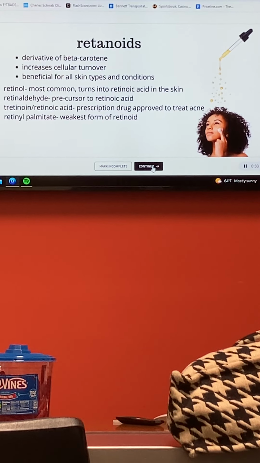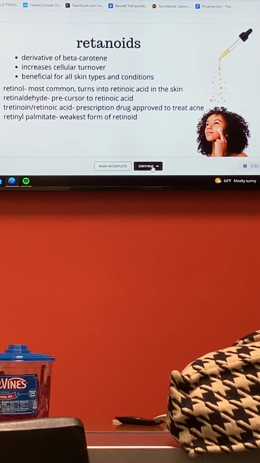So we really want to start taking a look at them because there's so many different forms of retinoids on the market, some being more effective than others. So let's talk about some of the most popular forms available on the market. The first one is retinol.